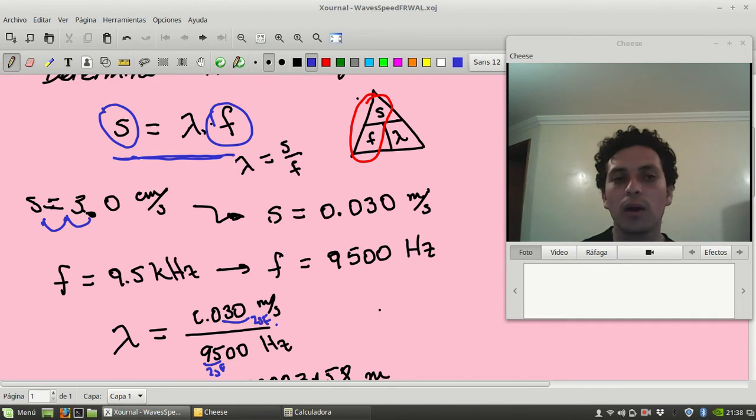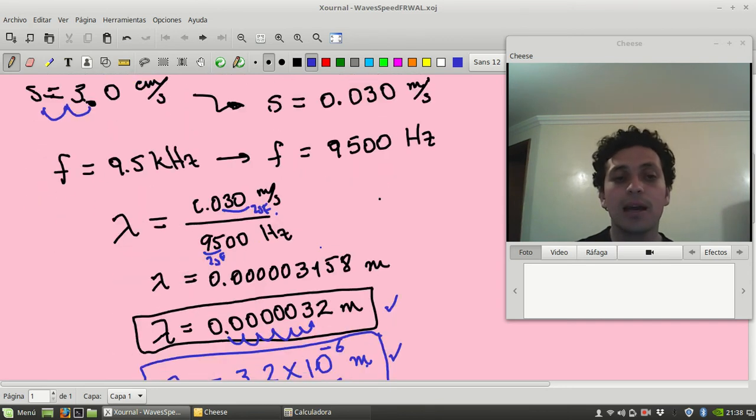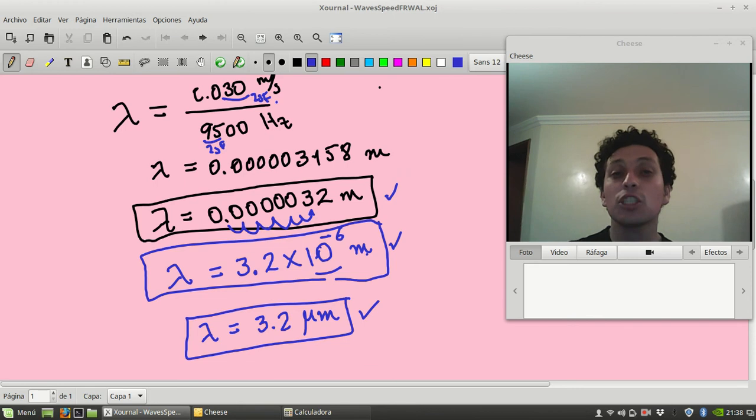To find one of these, you can apply this triangle or solve the equation. My hint for you, if you're studying physics, is to use SI units or another system of units. And finally, after the division, take into account the significant figures. And you have 3 options to write. So this is it for this exercise.